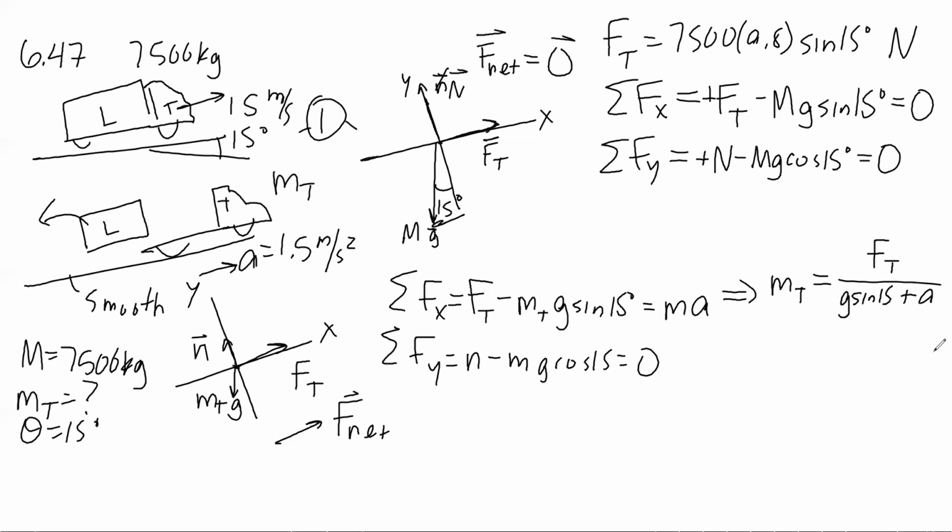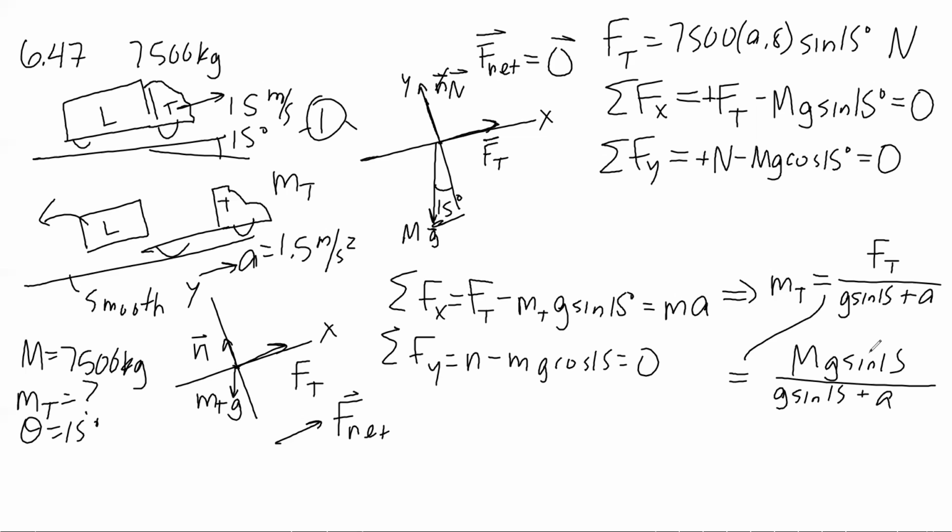I'm not sure if you can really simplify that, but certainly that ends up being the answer. So it's capital M g sine of 15 divided by g sine of 15 plus a. There's got to be a way to factor that out. Oh yeah, I know what to do.